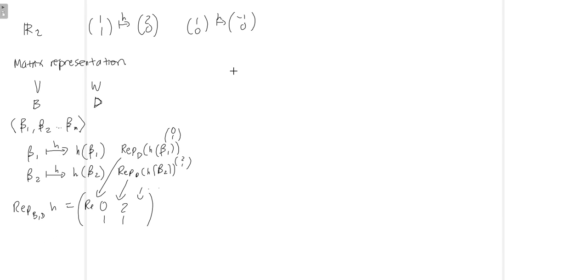The next thing we need to know is how to apply a map to some vector. Let's say we have a vector v within vector space V. How do we actually apply this to get the image in vector space W?